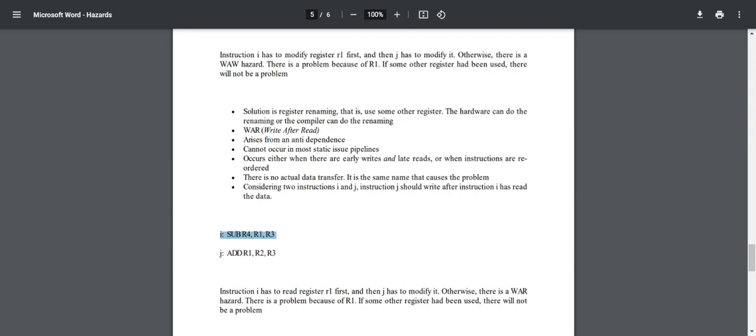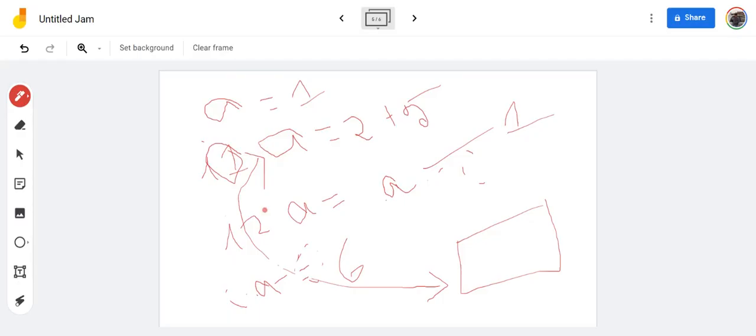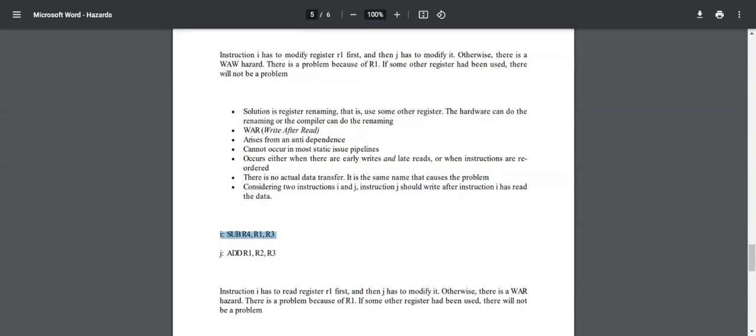Just as we have discussed in our previous example, if you let instruction 2 get executed and written back before the fetch operand for instruction 1 is complete, then you are going to get a faulty value for the first instruction itself.